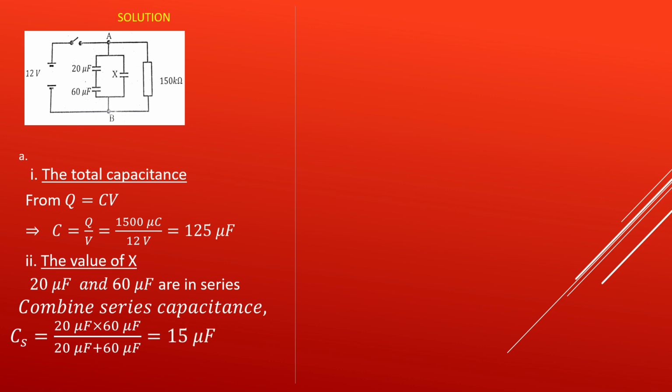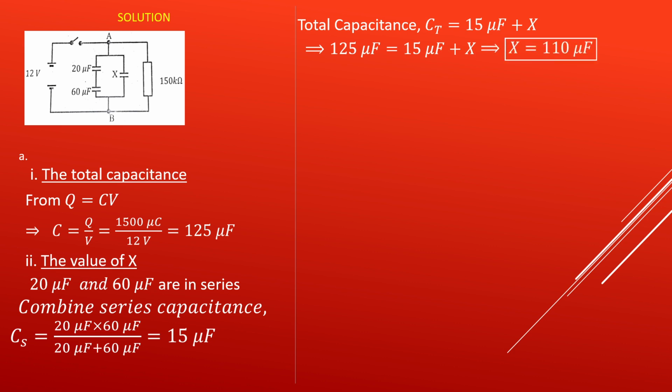Now we realize again that X is connected in parallel with both the 20 microfarad and the 60 microfarad capacitors. So the total capacitance CT is 15 microfarad plus X. Now to calculate X, we have 125 microfarad equals 15 microfarad plus X, which implies that the value of X is 110 microfarad.